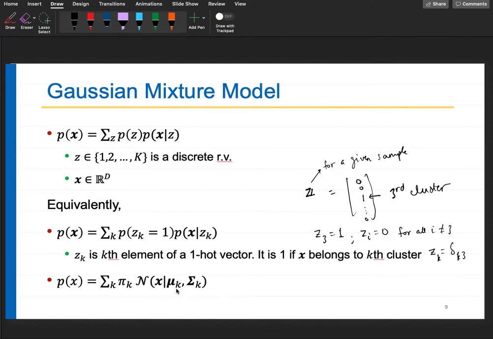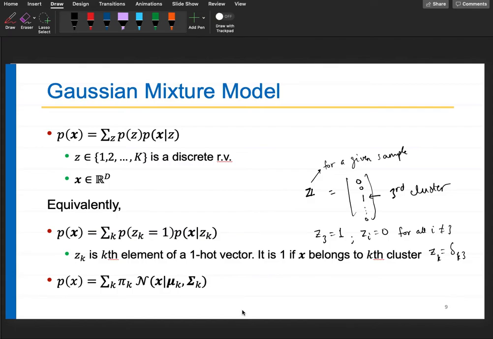So this is the cluster centroid, cluster variance or covariance. I think we have discussed the multivariate Gaussian distribution. So here mu is a mean vector and sigma_k is the covariance matrix.